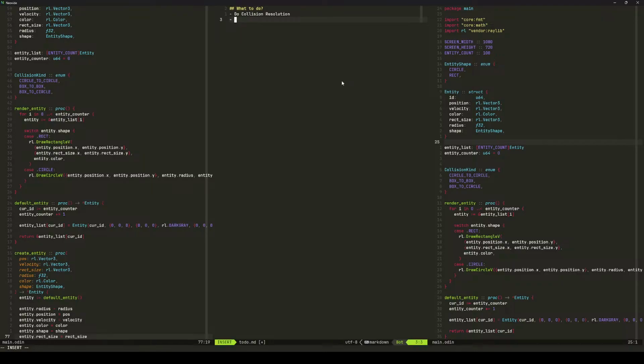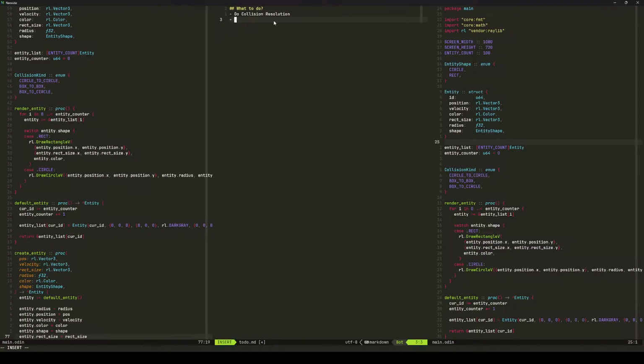I think it's mostly AABB collision detection and the circle one. I would like to have a sufficiently complex system. This is just the start, and I don't really know where to go. I don't really plan these streams.